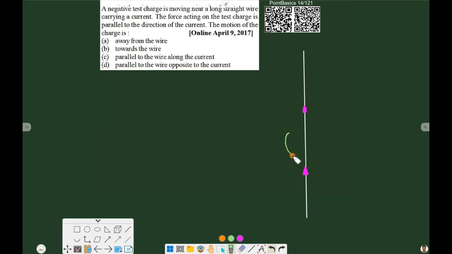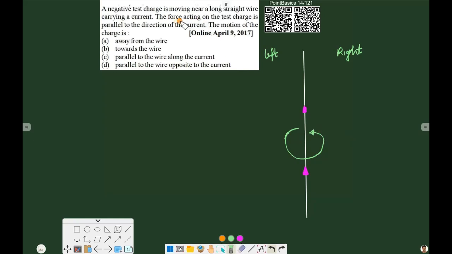According to the right hand screw rule, the magnetic field will be coming in front of the screen on the left side and going into the screen on the right side of the wire.